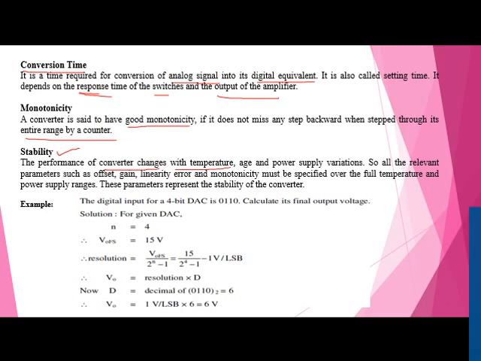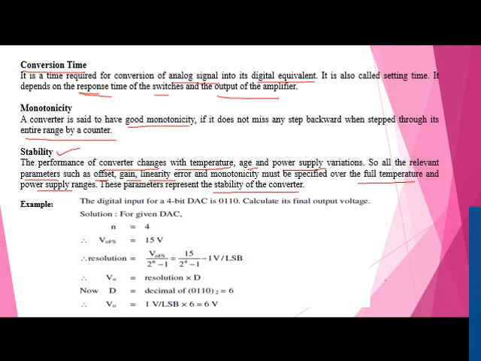So all the relevant parameters such as offset, gain, linearity error, and monotonicity must be specified over the full temperature and power supply changes also. These parameters represent the stability of the converter, because the temperature as well as the power supply variation is always changing, and other parameters are also considered in stability.